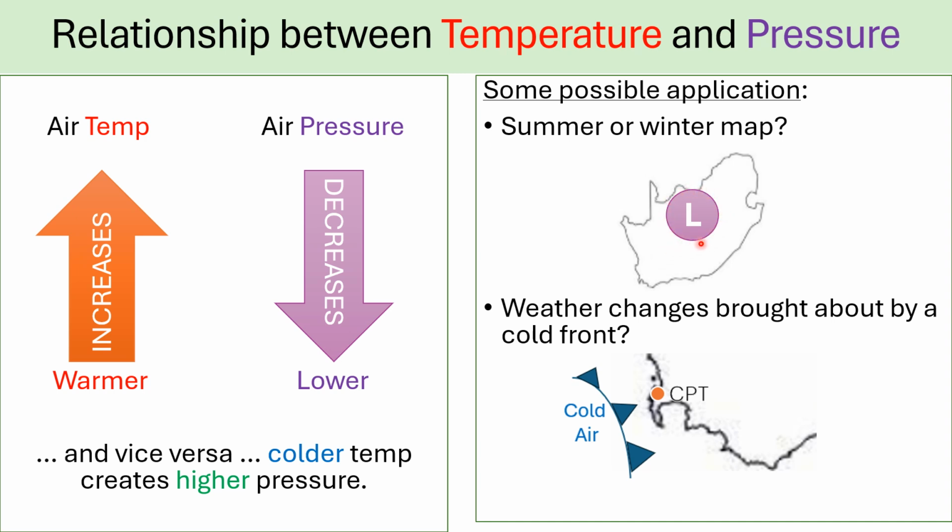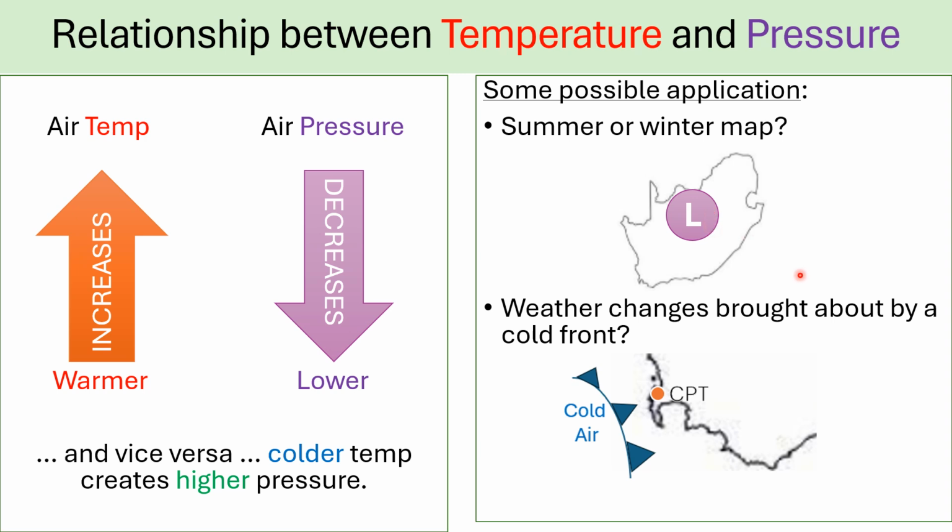In our example, the low pressure over the interior was created by an increase in temperature. Temperatures generally increase during summer, so the synoptic weather map represents summer conditions. In other words, that low pressure there was created by warm conditions during the summer months.